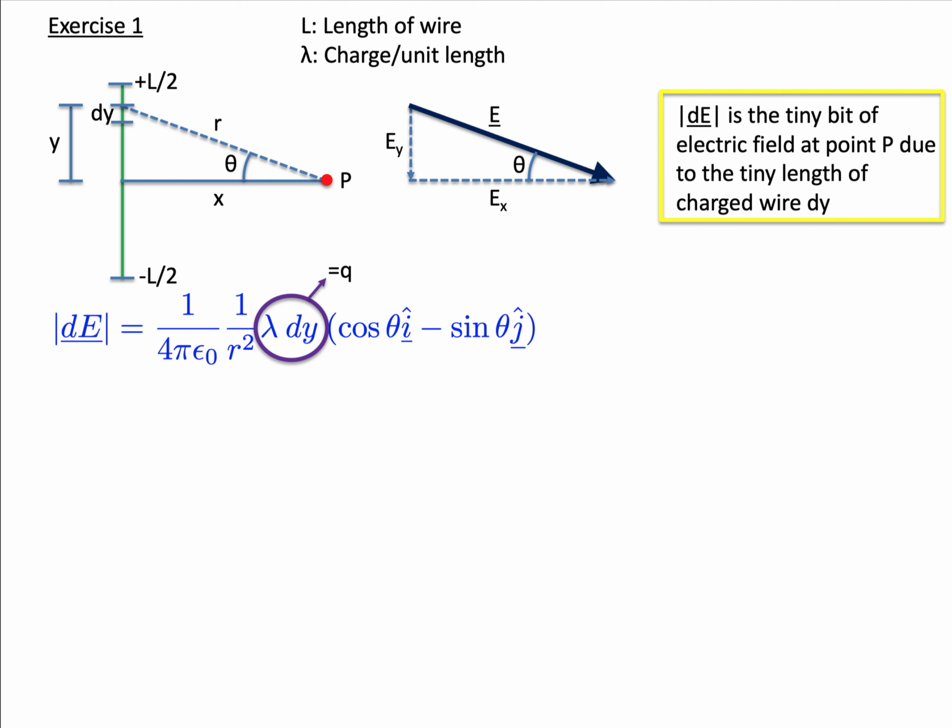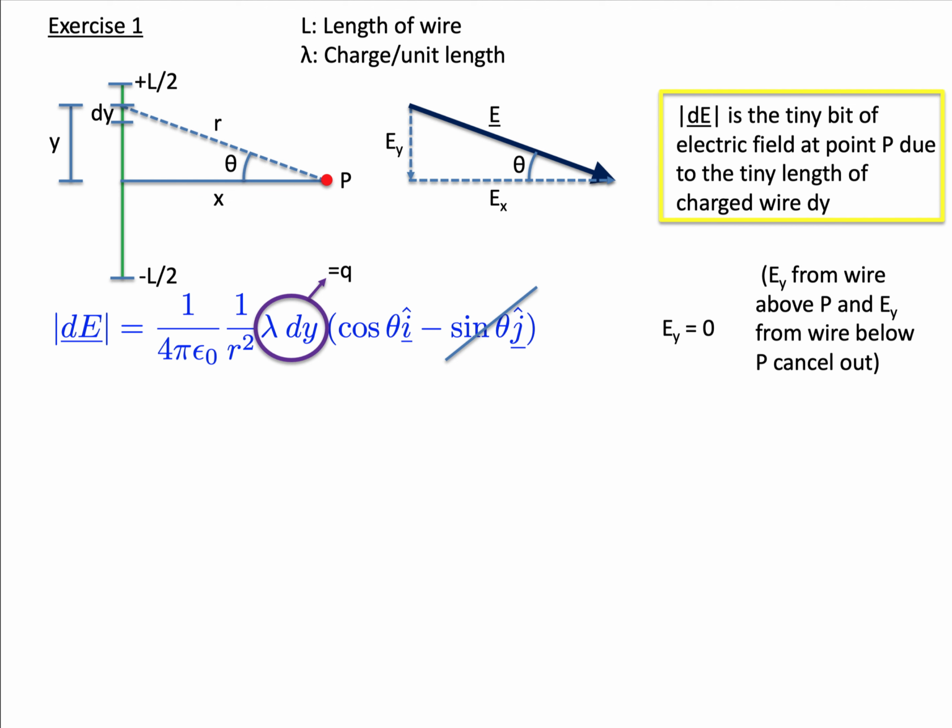Think of it as if the top section of the wire is pushing a charge at P downwards, diagonally, then the bottom section will be pushing it back up diagonally. So it wouldn't move up or down, only left or right. So that was quite a long explanation about why we're going to get rid of the Ey component from our equation.